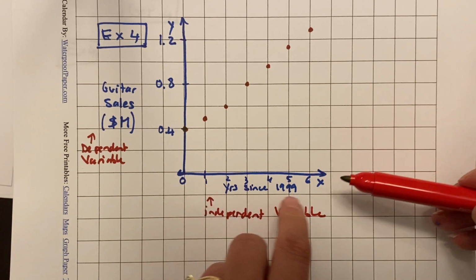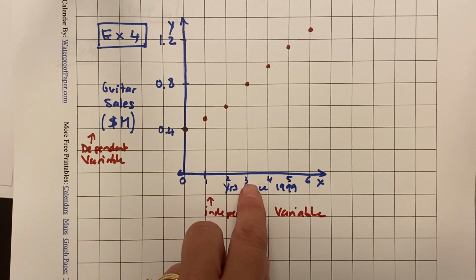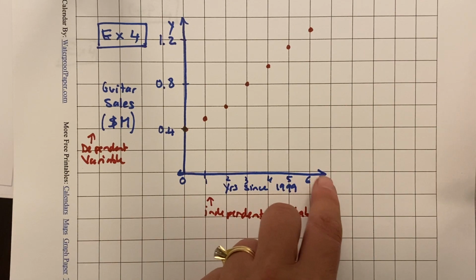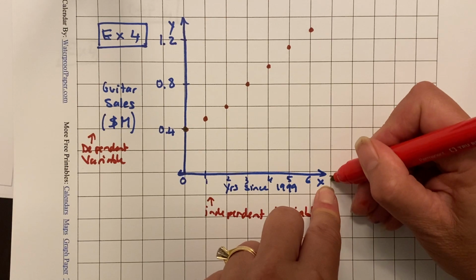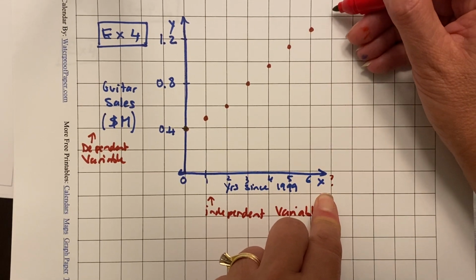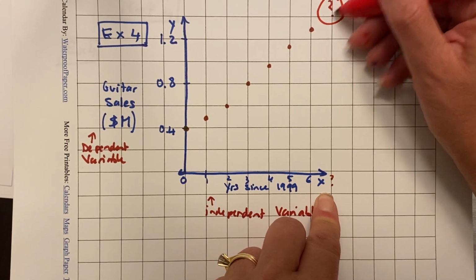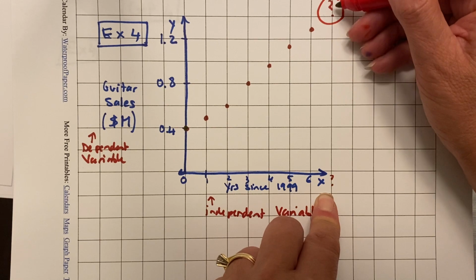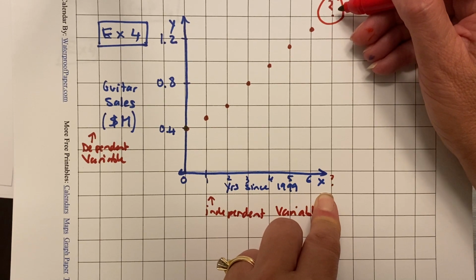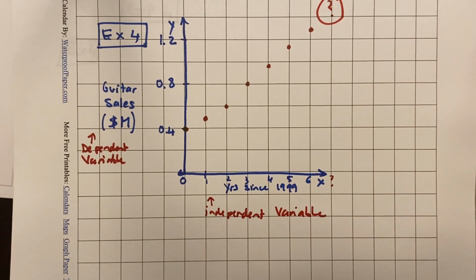And if the trend were to continue, so this is 99, 2000, 2001, 2002, 2003, 2004, 2005, what would things look like most likely in 2006? Well, we're guessing it's probably going to increase. If we had to guess what the sales are going to be in 2006, it's probably going to be 1.4, 1.5 million based on current trends, right?